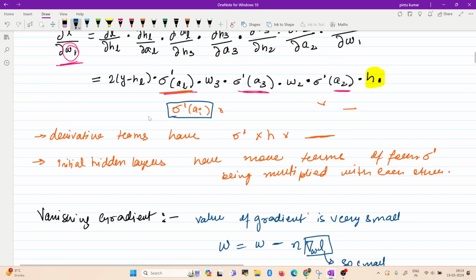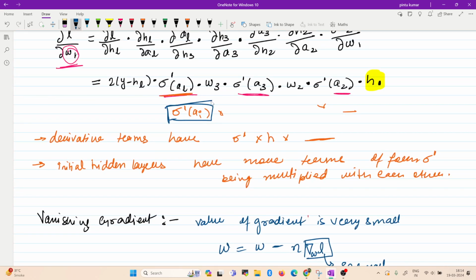If these small values get multiplied with each other, then for the initial layers, the value of the gradient would be very, very small. Imagine 0.01 being multiplied by 0.01 10 times. The value that you would get would be negligible.